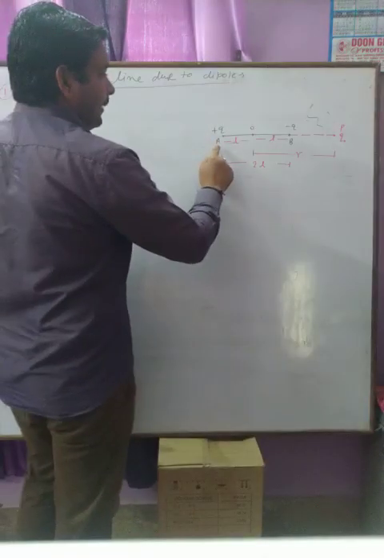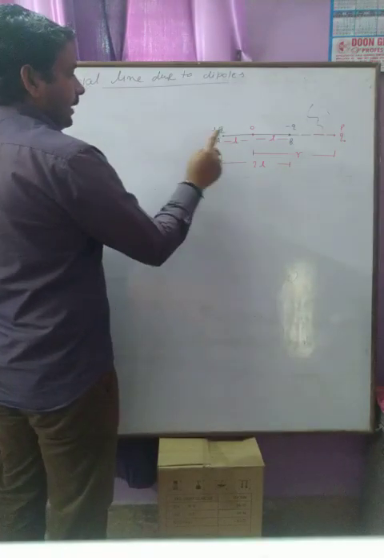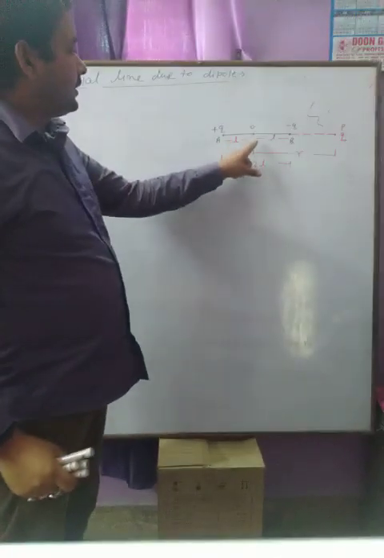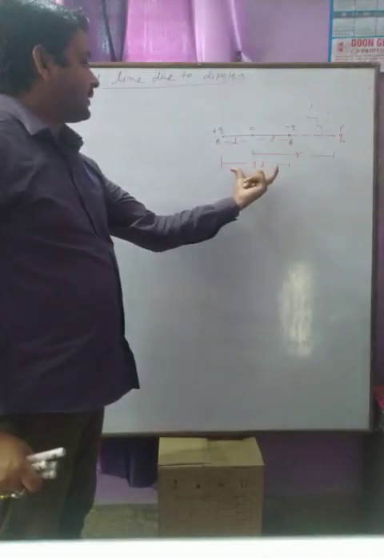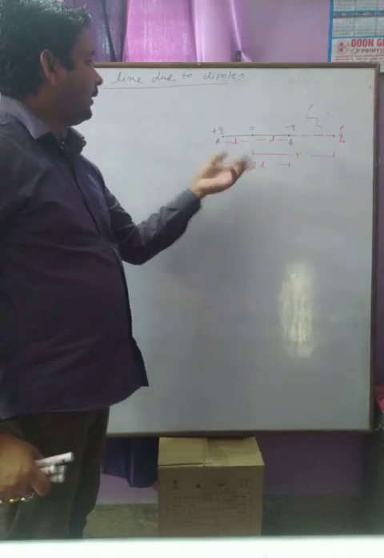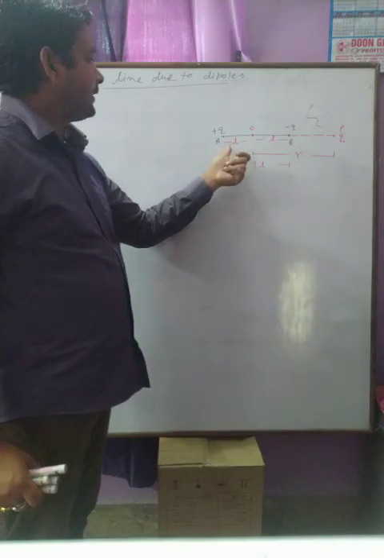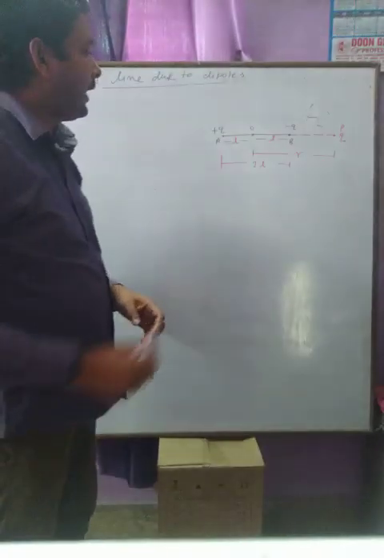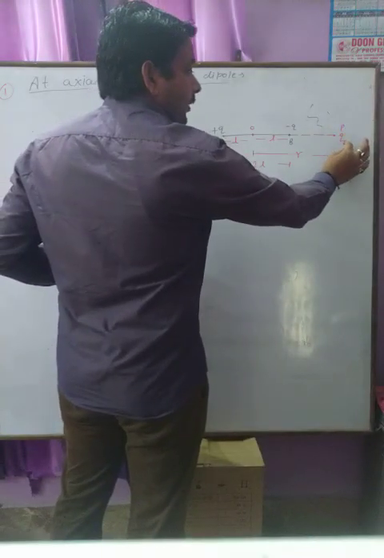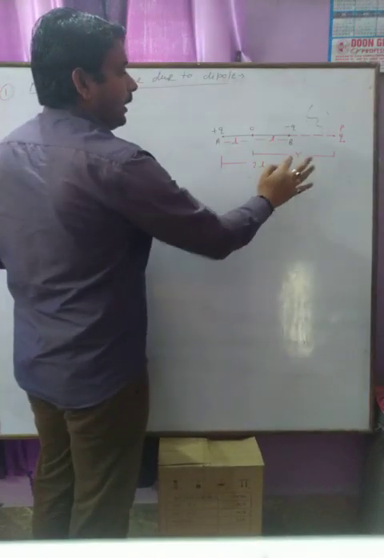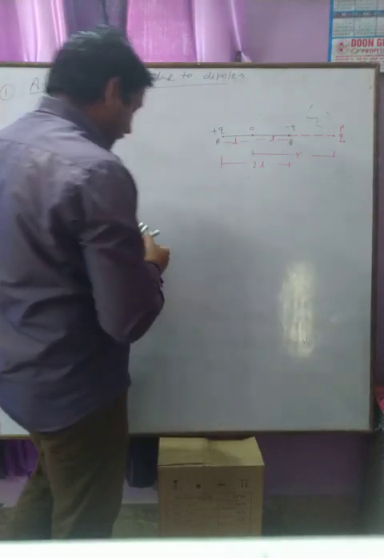Here we have a dipole AB made by the plus q charge and minus q charge, and O is the center of the dipole. The separation distance of the dipole is 2L, and from the center A to O is L, O to B is also L, and we are putting Q naught charge at point P, where point P is R distance from the center of the dipole.